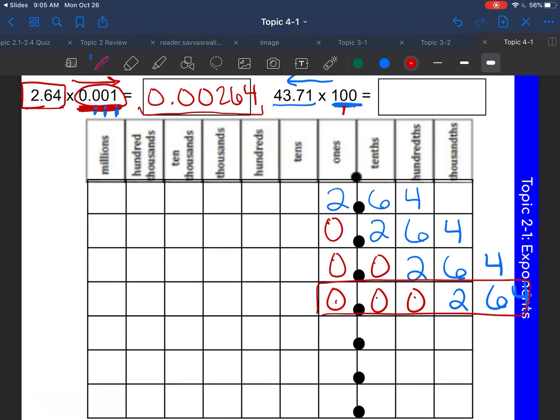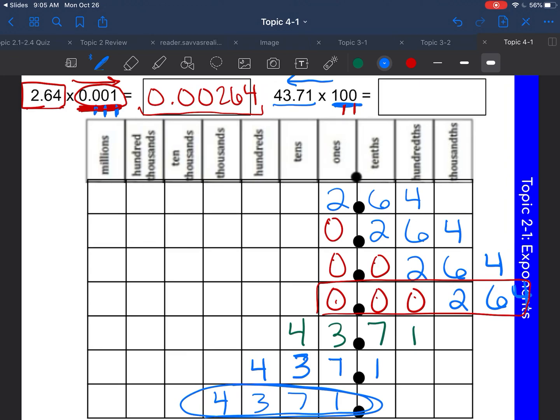We're going to shift it twice because there are 2 zeros. So I'm going to do it in green. I'll write 43 and 71 hundredths. You can use the same exact template. And then we're going to shift it once. And twice.